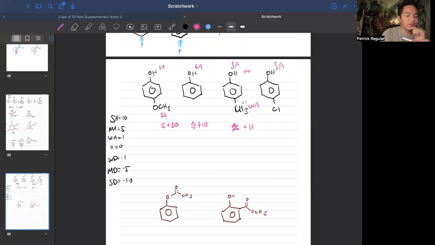Strong activator, weak deactivator, +10, -1. That's going to be +9. So which one's the fastest is going to be the highest value. So this one right here is the most activated, while this one on the right is the most deactivated. Simple enough.